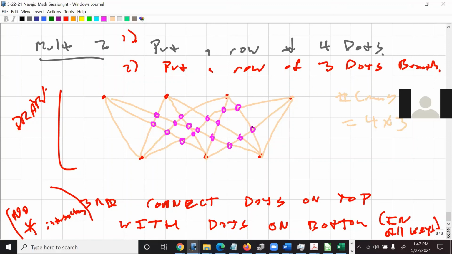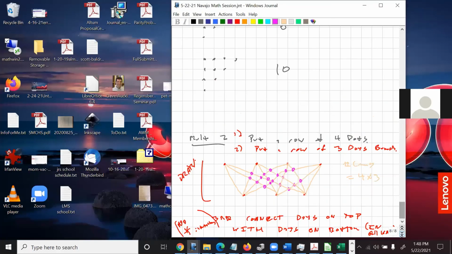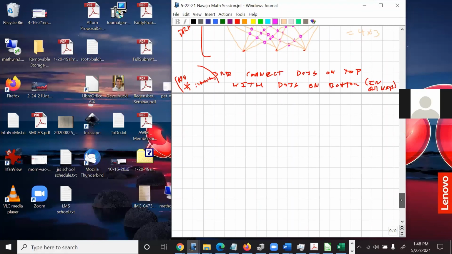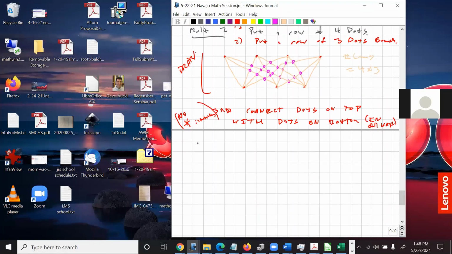Between the second and third dots on top. Oh, 18. So here, fourth, count the dots. Let's call this 4 circle times 3 equals 18.